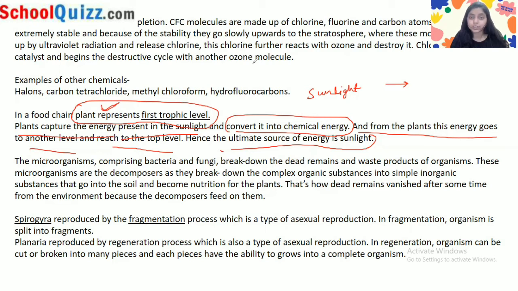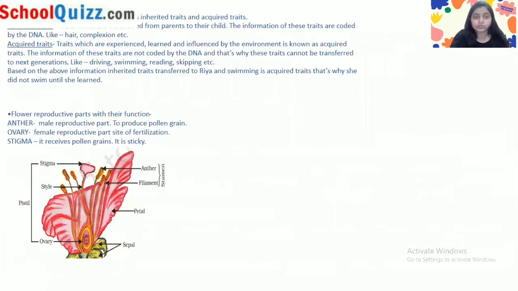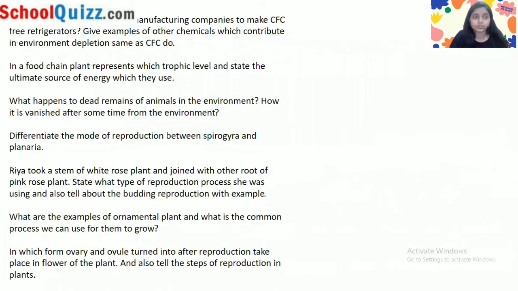Now let us move to the third question. The second question is simple, and you can understand it very well. Here, the third question is: what happens to dead remains of animals in the environment?